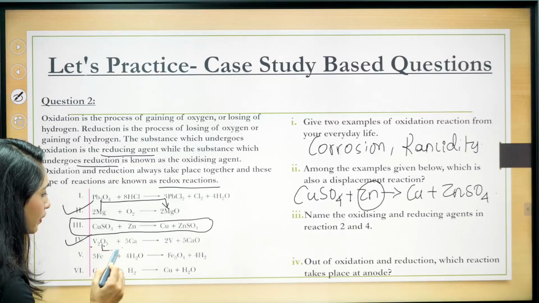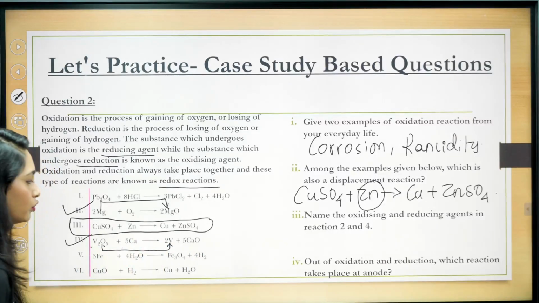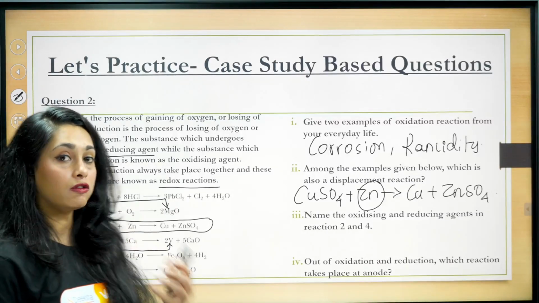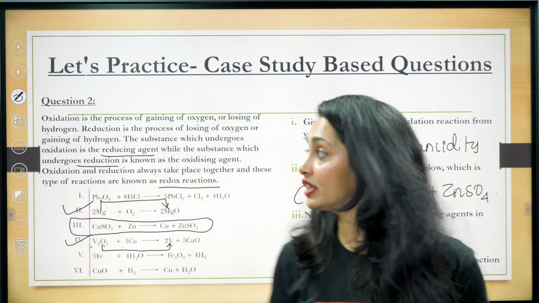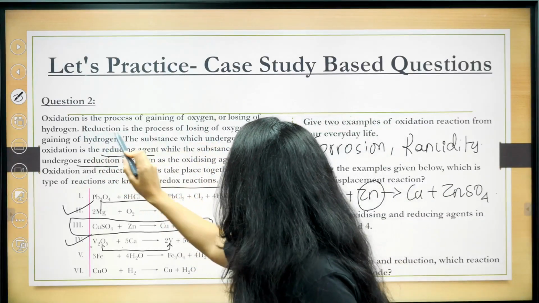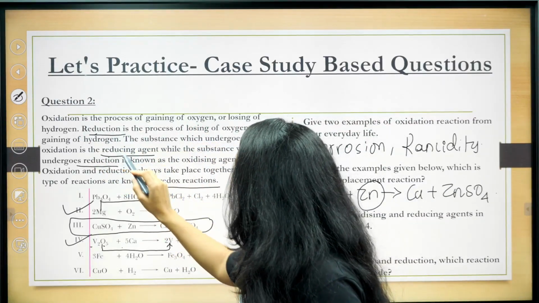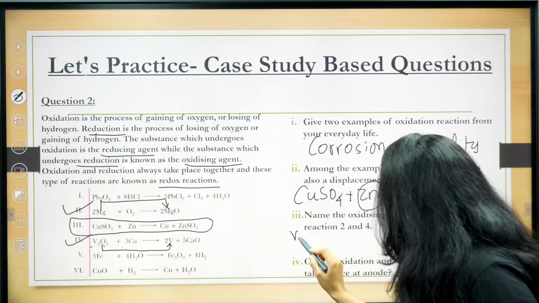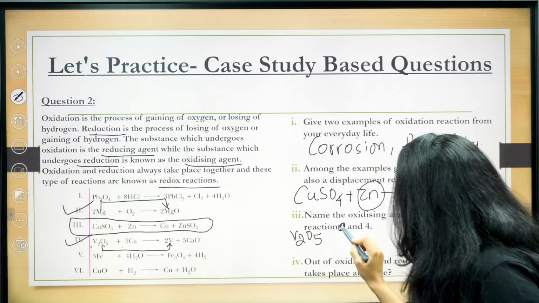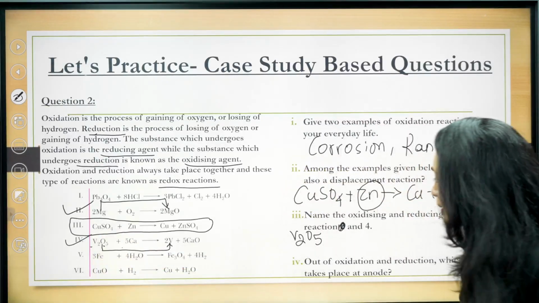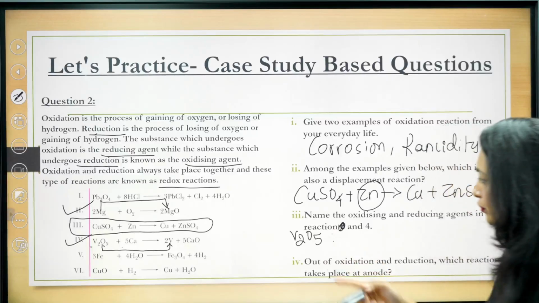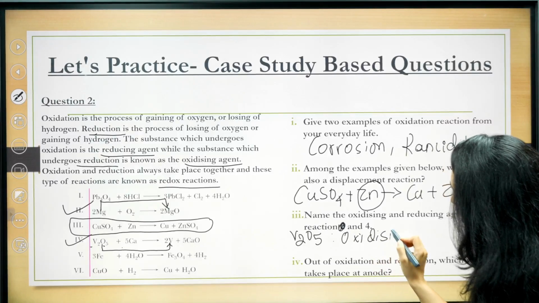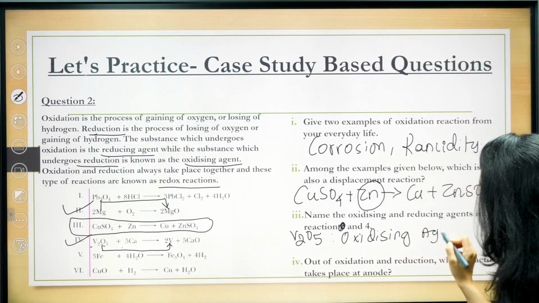What is happening here? V2O5 has become 2V, which means removal of oxygen has happened here. Removal of oxygen is nothing but reduction. The oxidizing agent is the one which undergoes reduction. So V2O5 is the oxidizing agent.